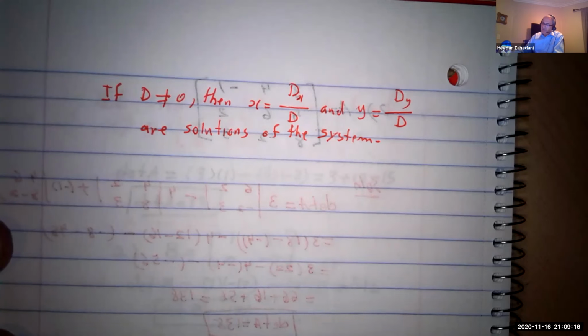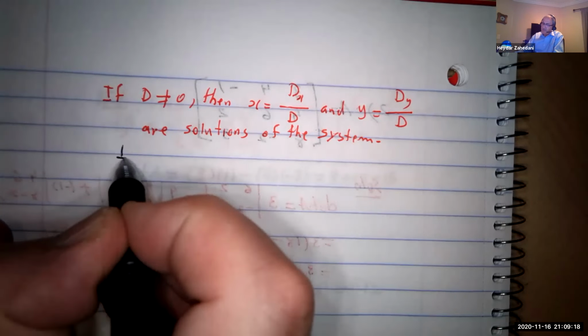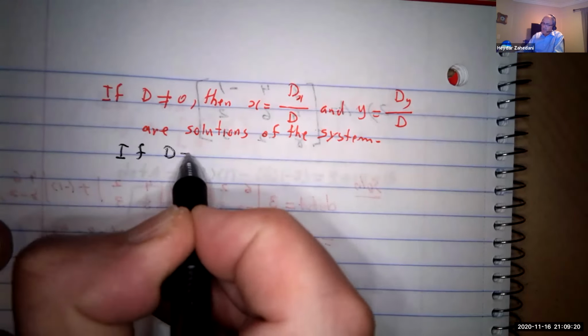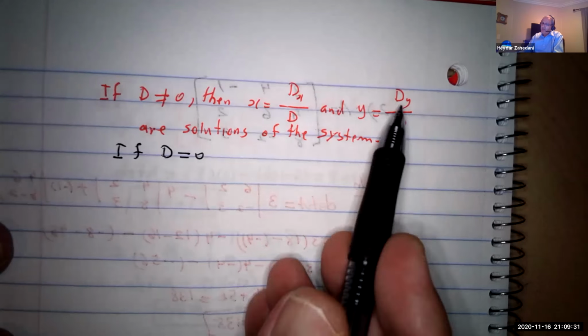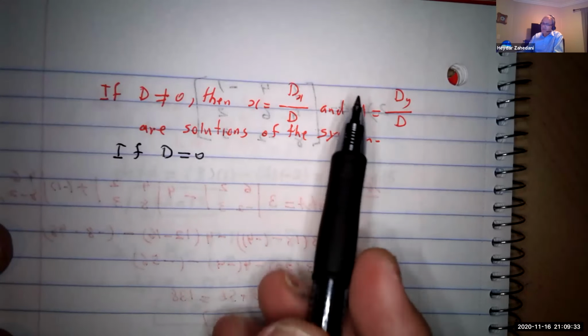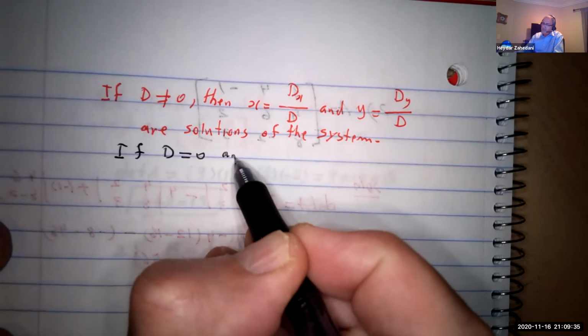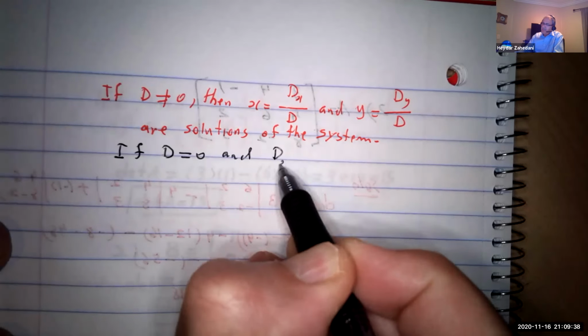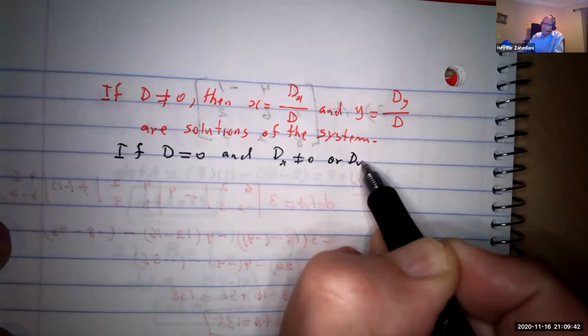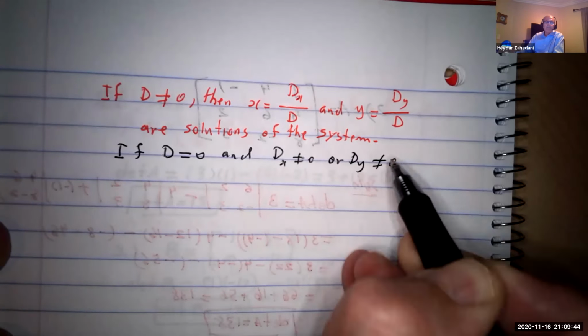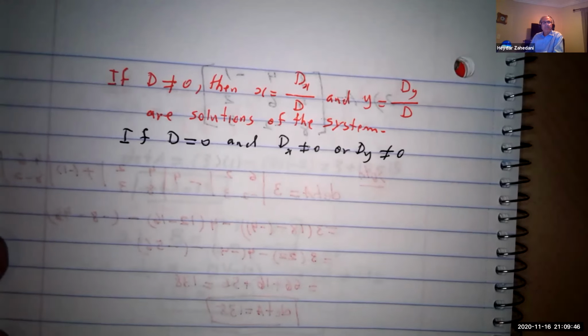Now what would happen if D is equal to 0? If D is equal to 0, then you look at the top. If D is equal to 0, one of them is going to be non-zero: Dx is not equal to 0, or Dy is not equal to 0.